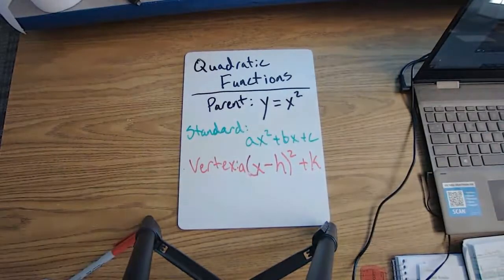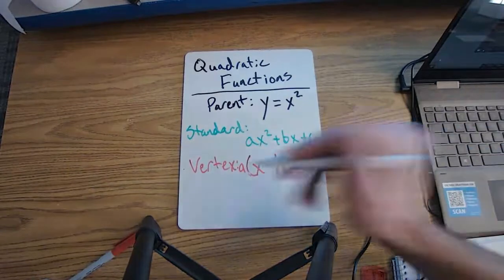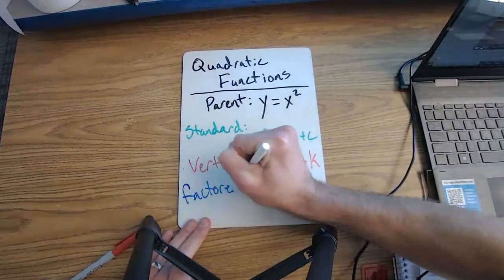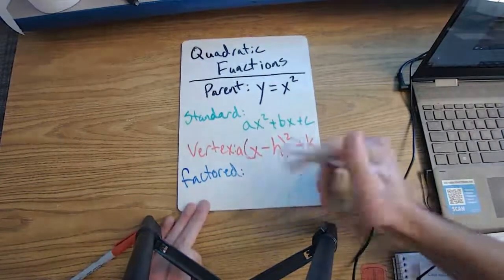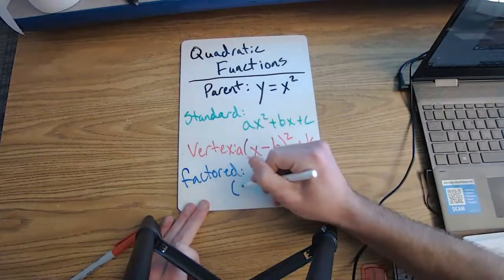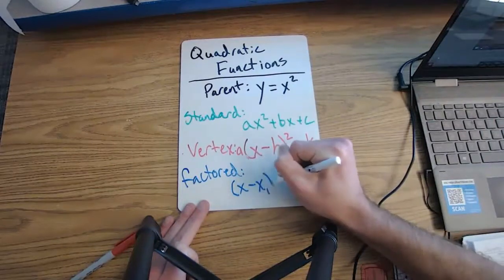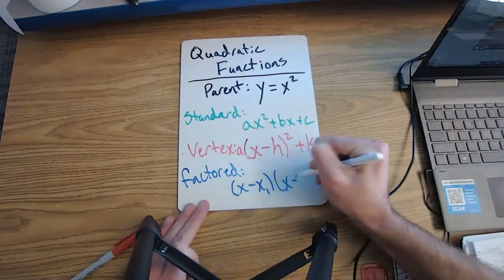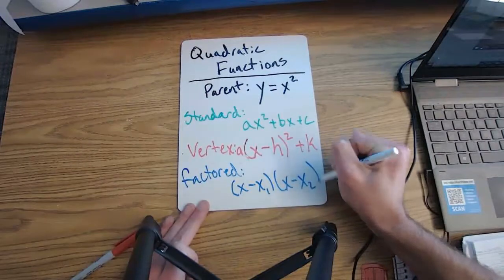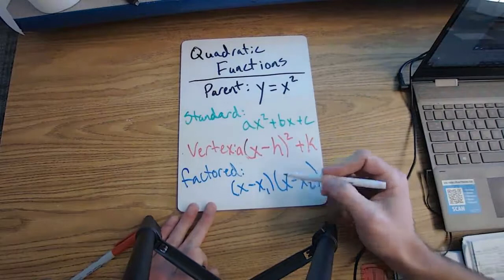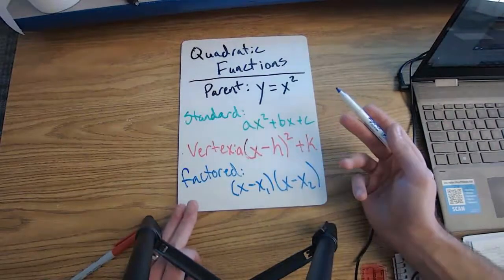And then finally, we have what we call factored form. Okay, and that one looks like this: x minus x1, x minus x2. Okay, now what you'll notice about this one is there is no squared.